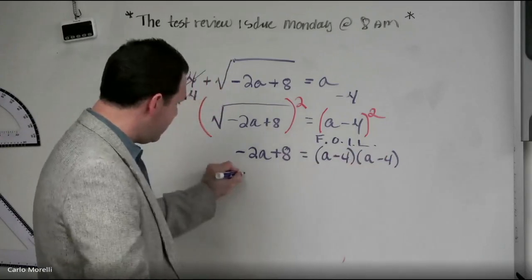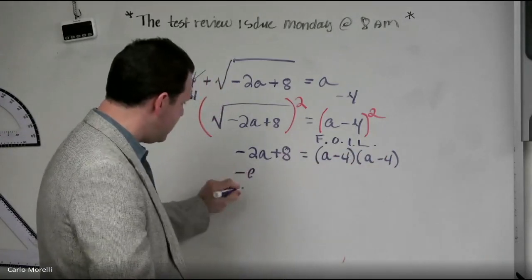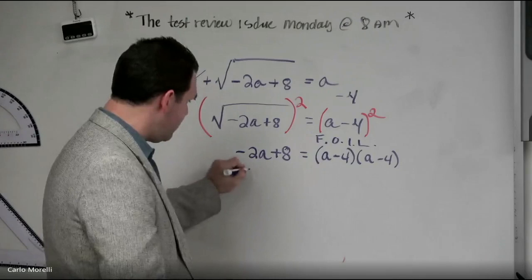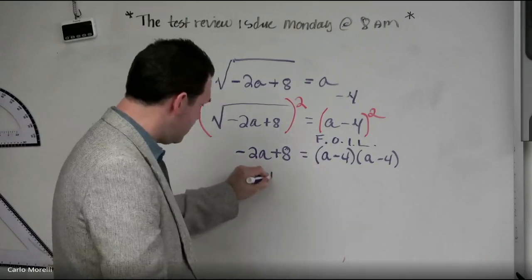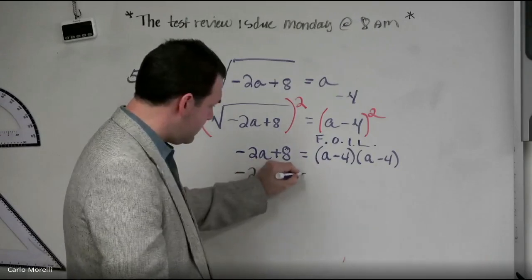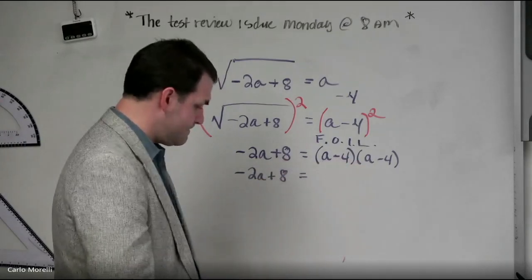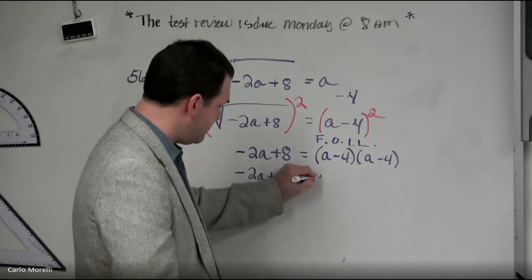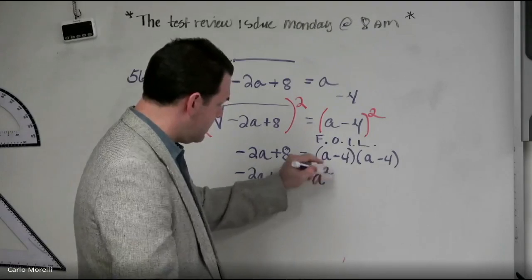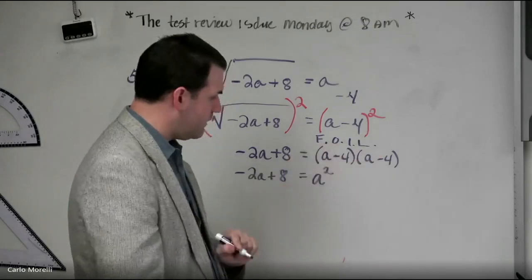So let's leave the left side alone and rewrite negative 2a plus 8 equals, now first times first, what's a times a? A squared. A squared, good. What is a times negative 4?